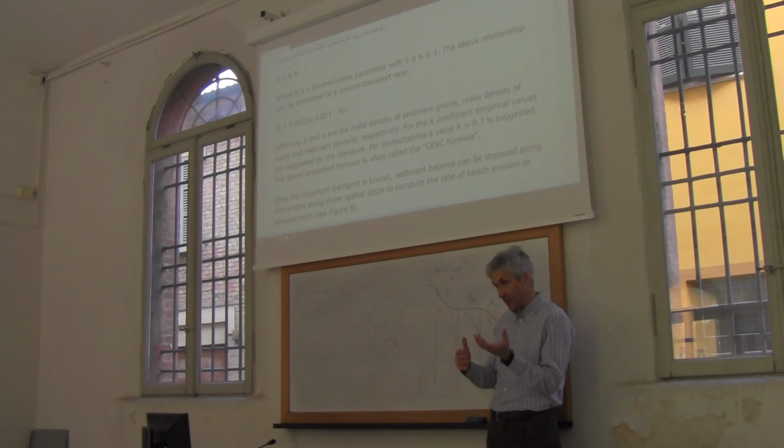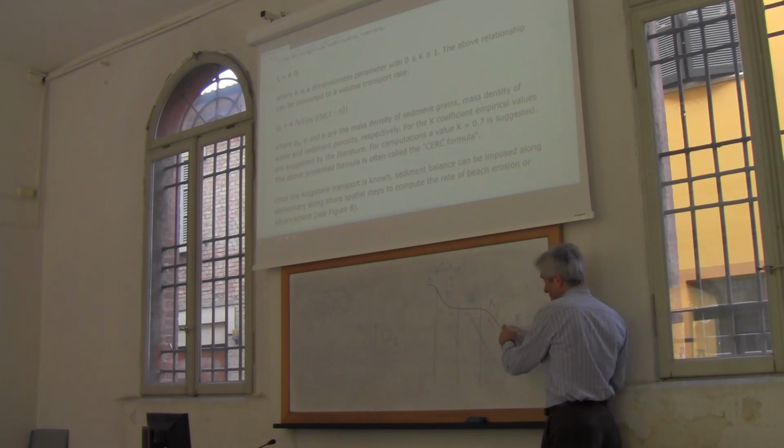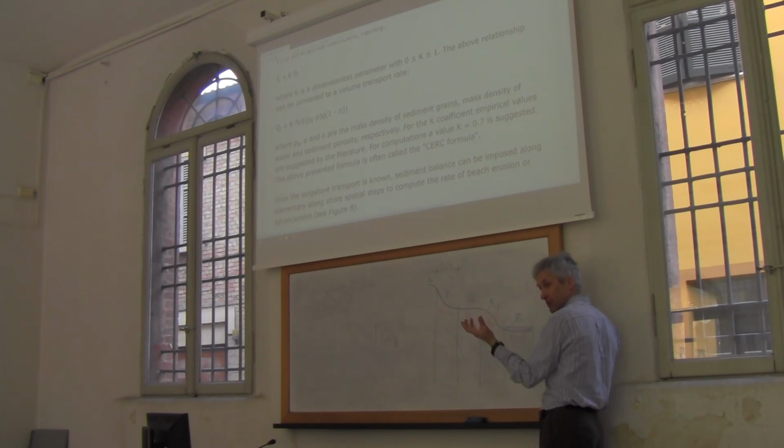Like here, you don't have any sediment inflowing because you protect this part of the beach. And then, what happens here is that suddenly, waves with a lot of energy get in touch with an erodible coast. They start eroding soon. But as they start eroding, they basically upload sediments, and therefore the eroding capacity decreases.